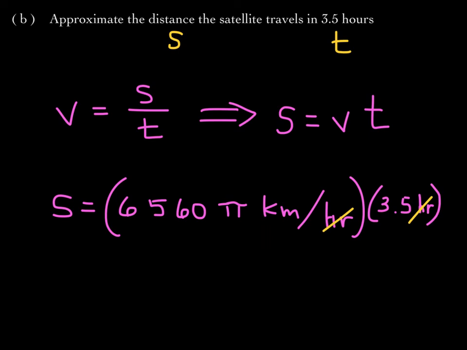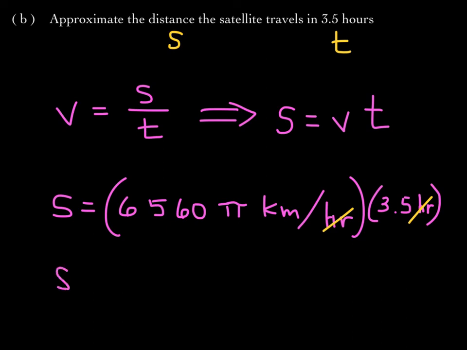Okay? So in my calculator, I am going to multiply 6,560 by pi, and then I'll multiply that by 3.5. So three different numbers, 6,560 times pi times 3.5. And don't forget, we are rounding to only 2 significant digits.